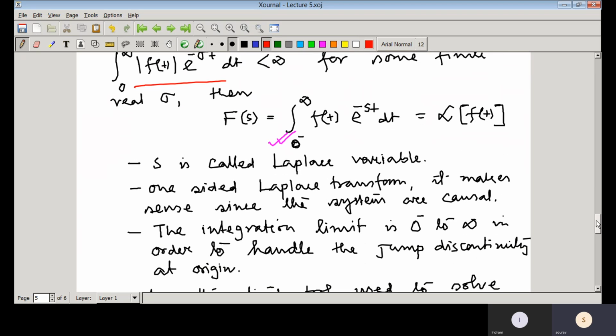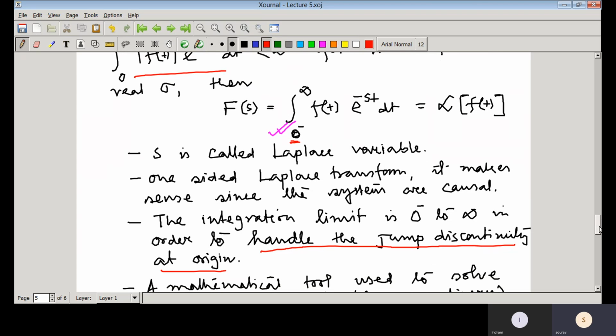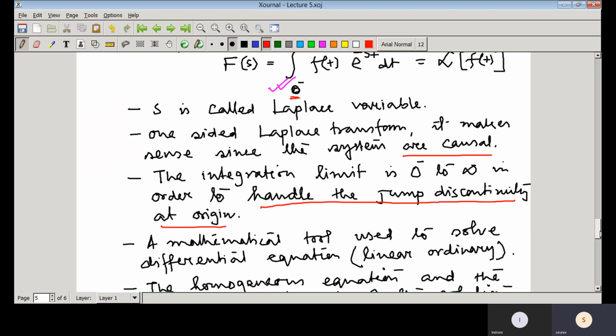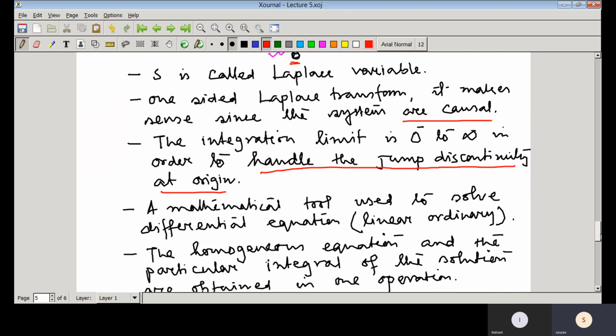We have taken a one-sided Laplace transform, and we have taken 0 minus to handle the jump discontinuity at the origin. And we have seen that this one-sided integral also makes sense as the physical systems that we will be considering are causal.